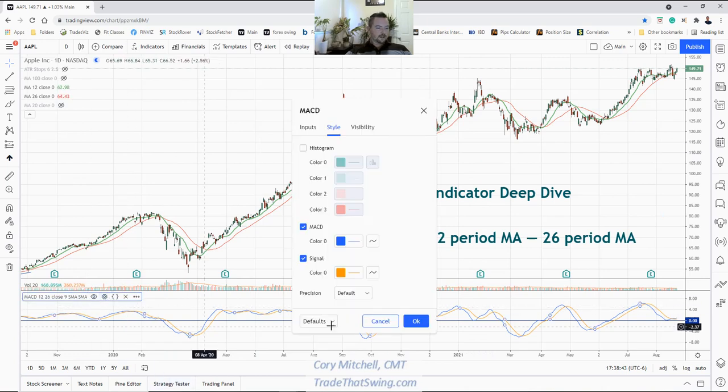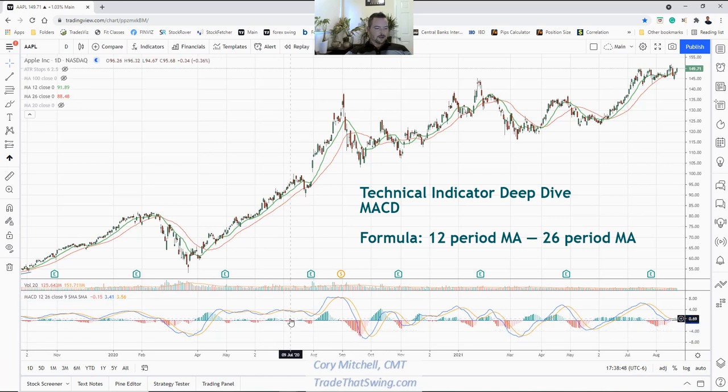So now let's add in the other missing piece and explain what that does. The histogram is the difference between the MACD line and the signal line. So when they get farther apart, you're going to see a bigger histogram. Basically, the difference between these two values gets bigger, and this histogram is just measuring the difference.